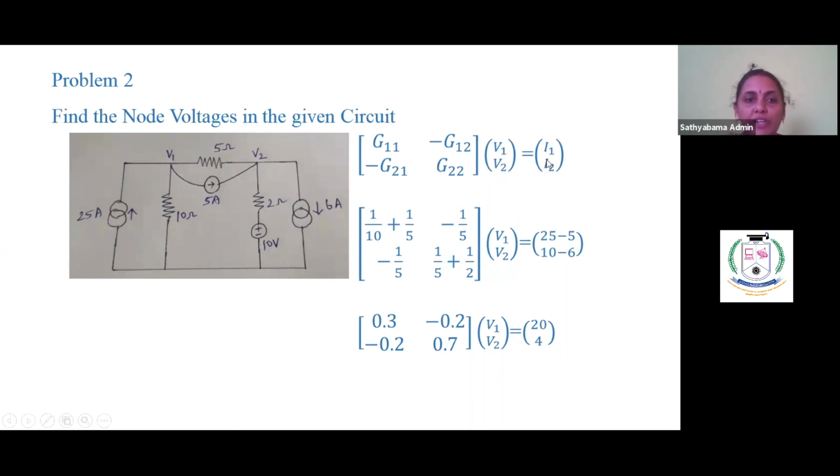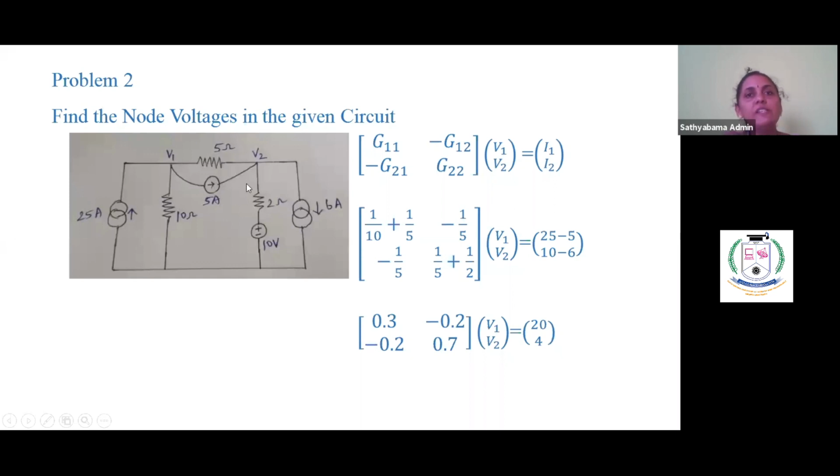Now coming to I1. I1 is the total current at node 1. Check here, this is the first node. Two sources are connected here. One is 25 amps, the other one is 5 amps. 25 amps current is flowing towards the node and 5 amps current is flowing outwards from the node.